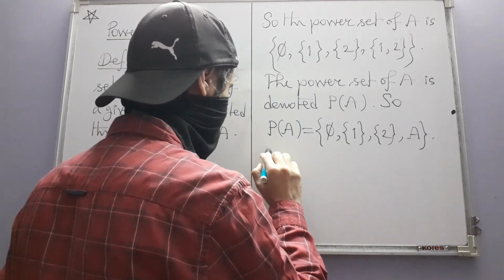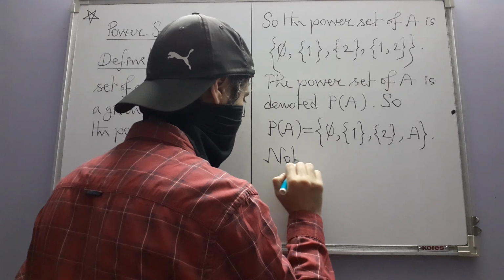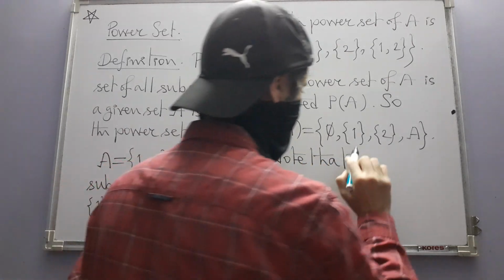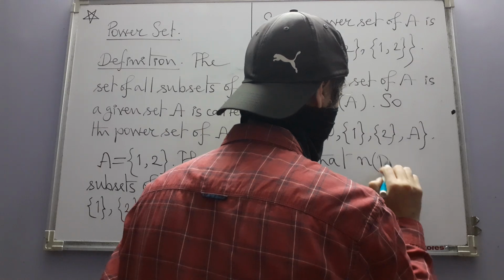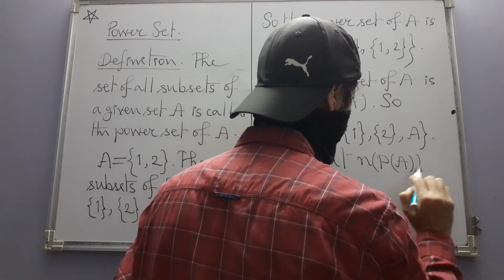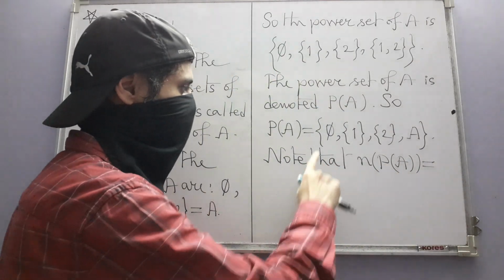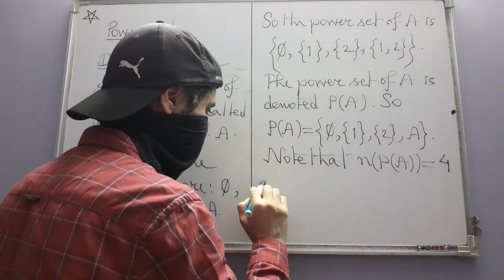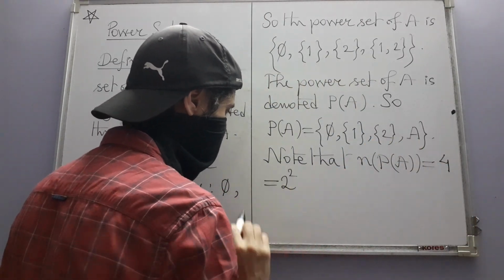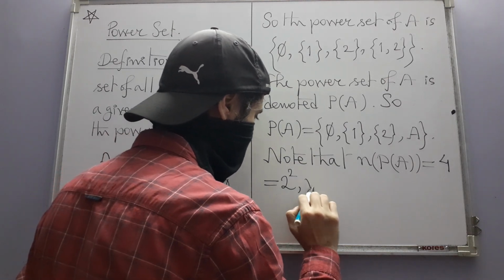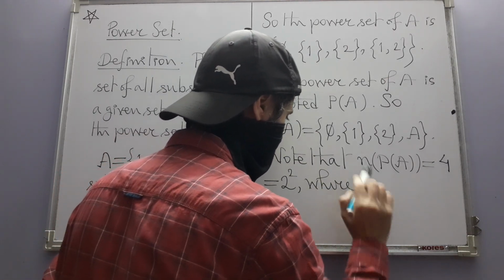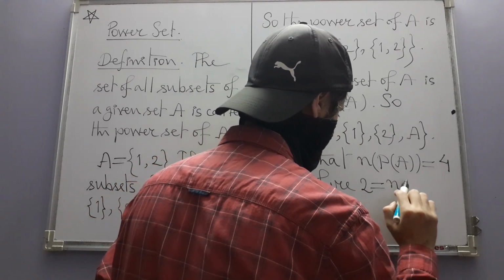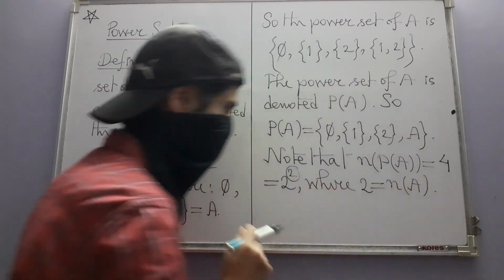Note that the number of elements in this power set is what? 4. 1, 2, 3, 4. And 4 turns out to be 2 squared, where this exponent 2 is the number of elements of A.